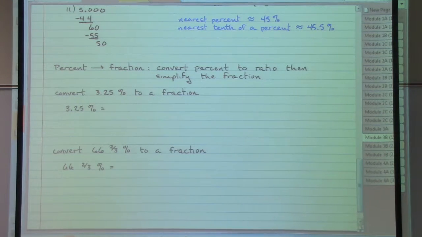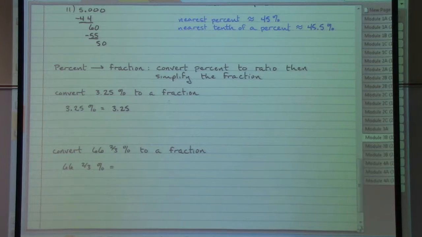And as far as a percent, we're transforming that into a ratio very quickly by saying percent means over 100. So the percent symbol is telling me take the 3.25, put it over top of a 100, and that gives us a good start.